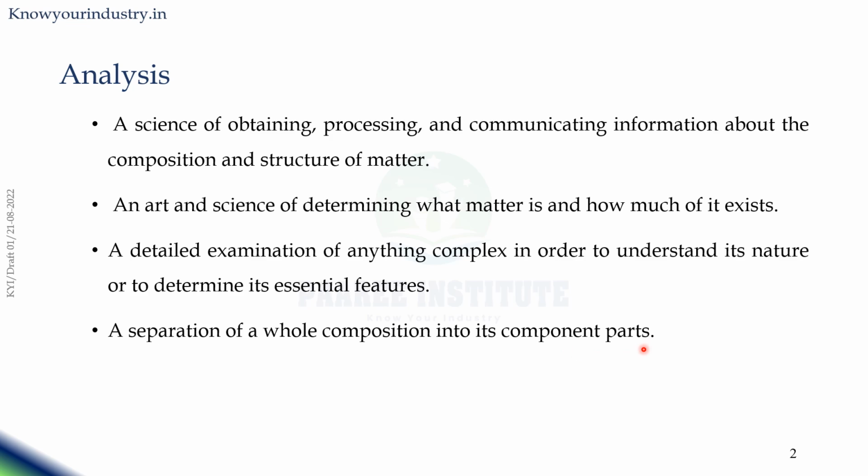That is generally what you see in chromatography, where a separation science is involved. So all this, obtaining, processing and communicating information about a composition, determining what it is and how much it is, characterizing a complex material to understand its nature, or separation science of a whole composition, is generally called analysis.